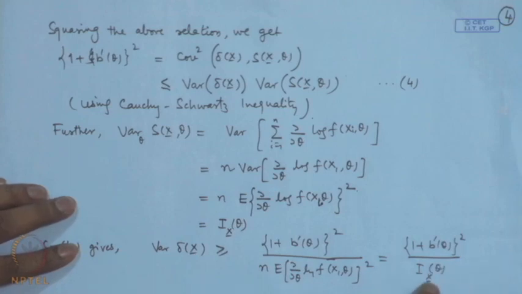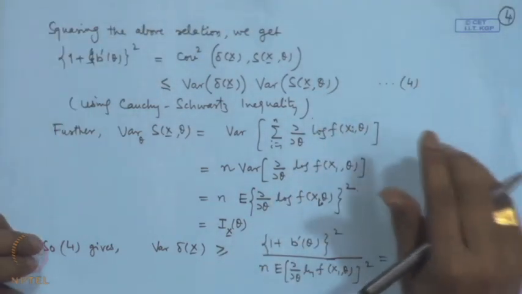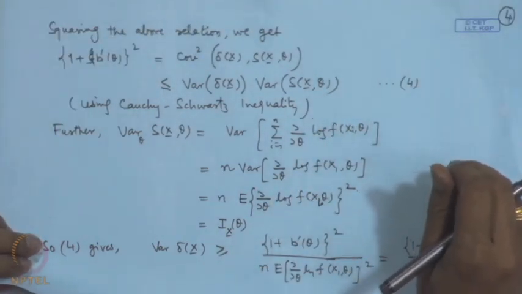This means the random sample is x 1, x 2, x n. So, this is exactly the statement of the Cauchy-Schwarz, or the Frechet-Rao-Cramer inequality.